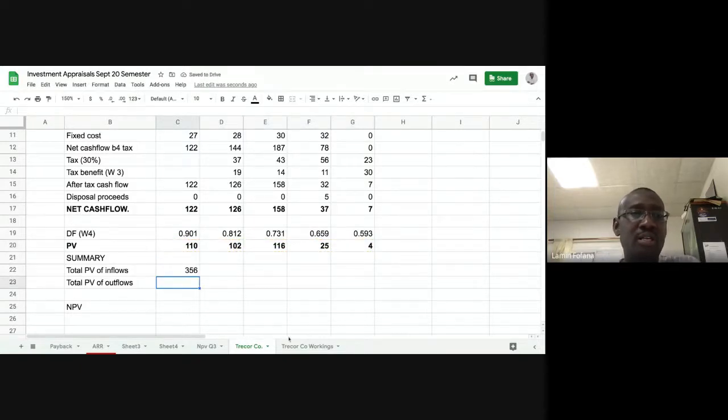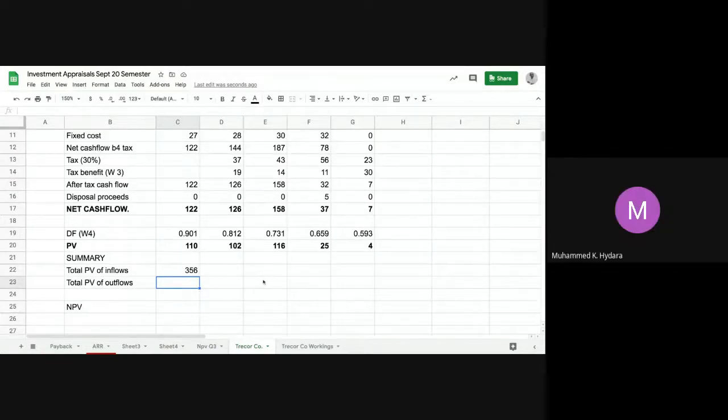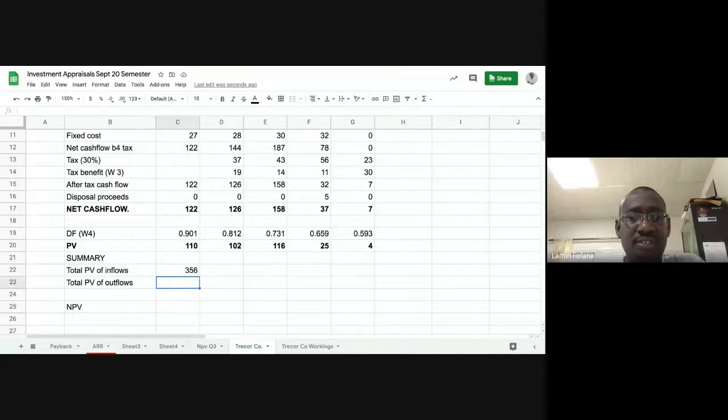What about the total PV of outflows? What is our outflow? The 250,000. So what is our NPV? Our NPV is the difference. So our NPV is 106,000.